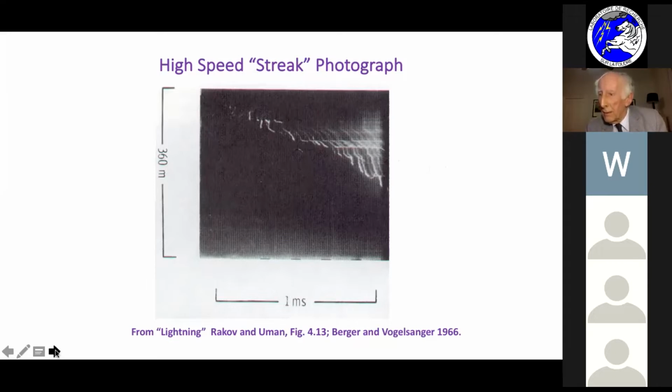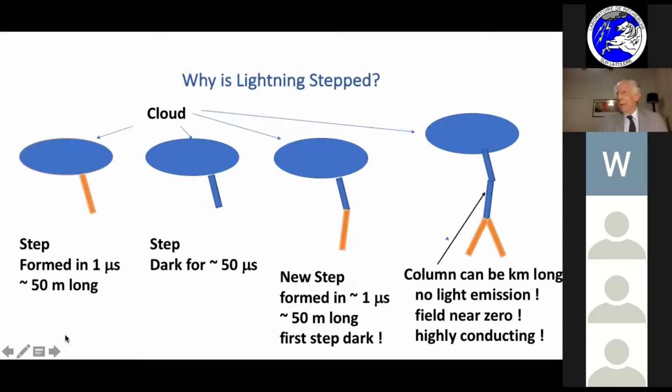Now, to illustrate that in detail, which we need to do to form some sort of theory, here's a description of what follows from that photograph, which has been reproduced many times more accurately by other people.